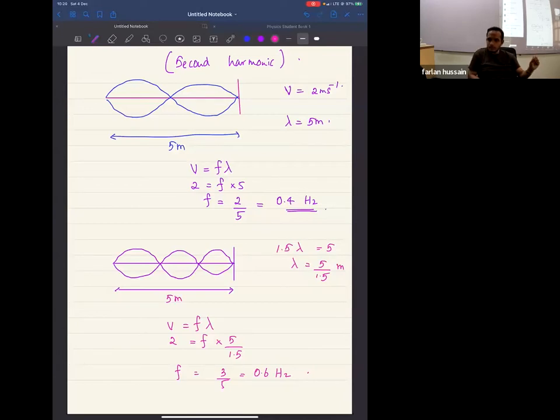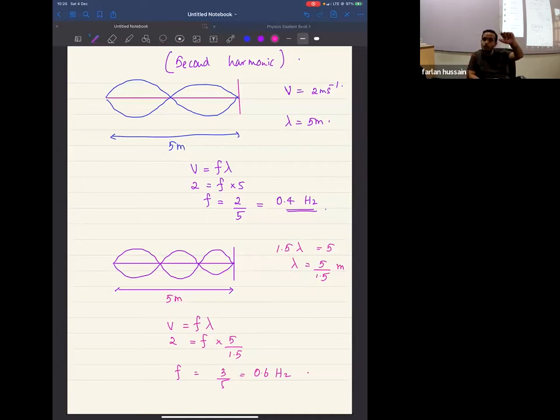So my question is, if you want to get the next stationary wave pattern, what is the frequency you need? 0.8 hertz, after 0.2, 0.4, 0.6. If you want the next pattern of stationary wave, you need 0.8 hertz.